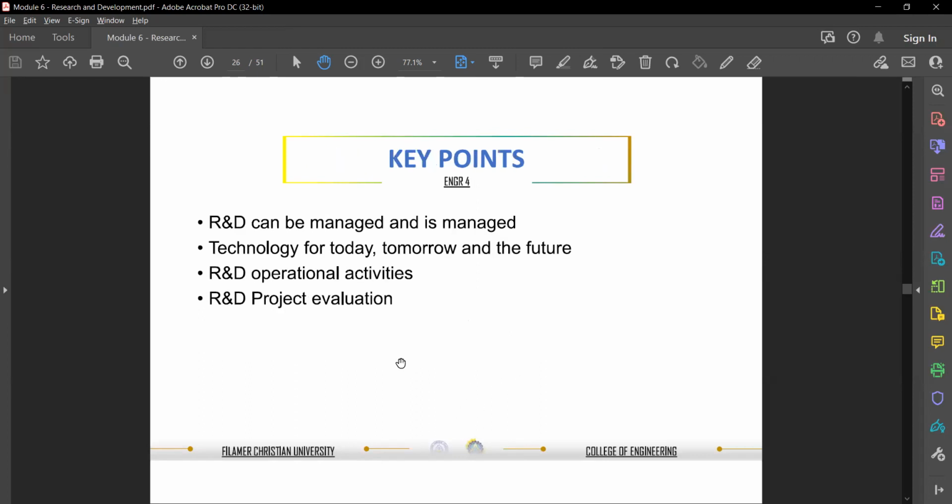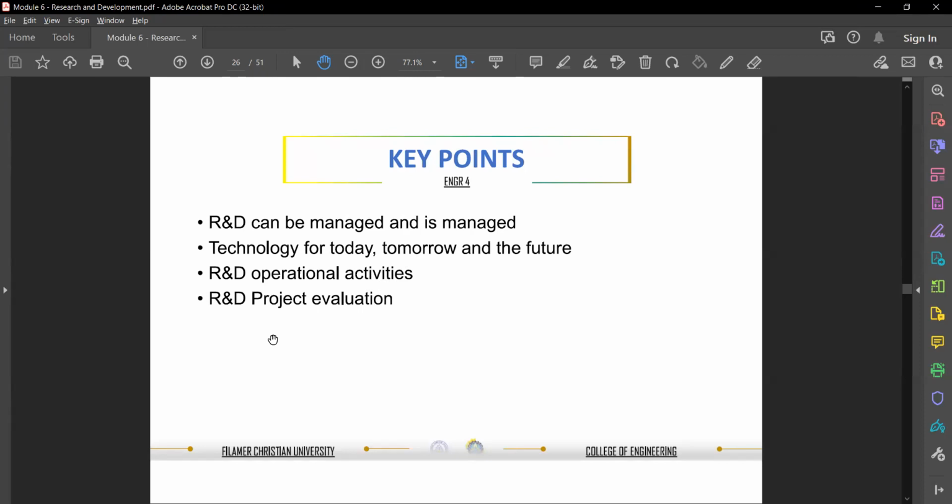So key points. So R&D can be managed and is managed. So this is in terms of technology. So it should be for today, tomorrow, and the future. Ayan. So R&D, operational activities, and project evaluations. So ito yung mga key points natin. So it should be managed and is managed technology for today, tomorrow, and future.